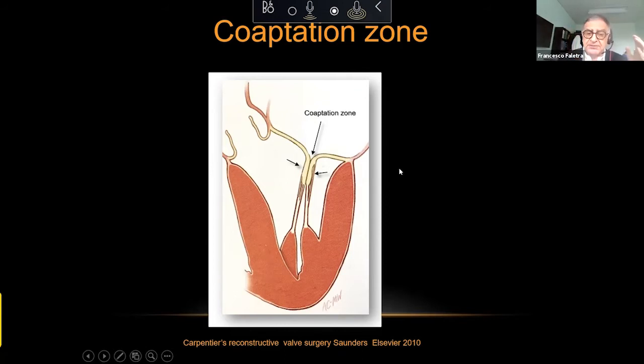The problem of the prolapse is that the rough zone, the coaptation zone of the leaflet, is no longer coapted for all of this length, and then the chordae tendineae here will be stressed more than in a normal valve.